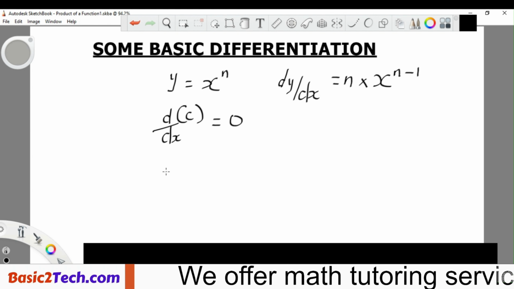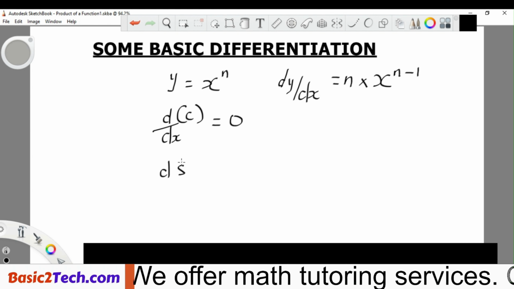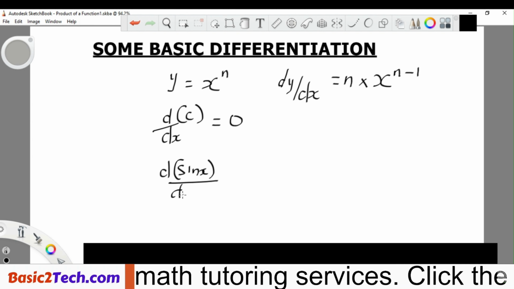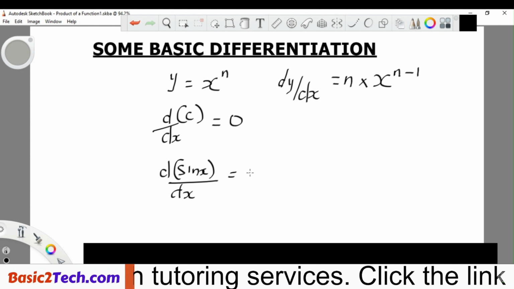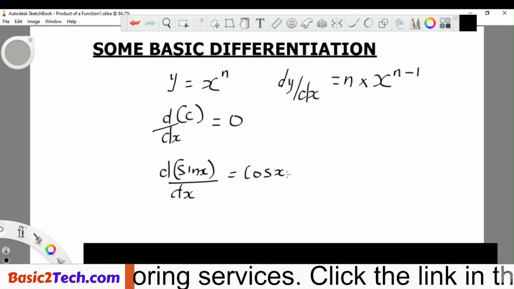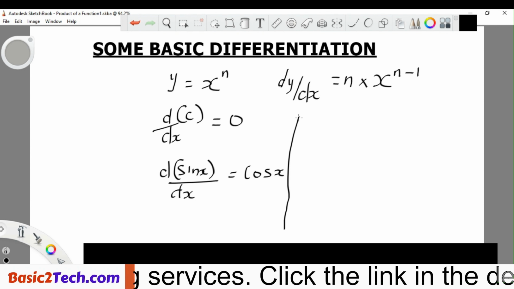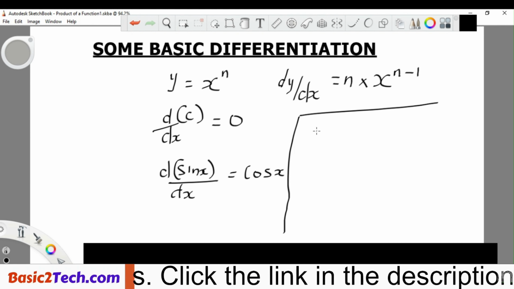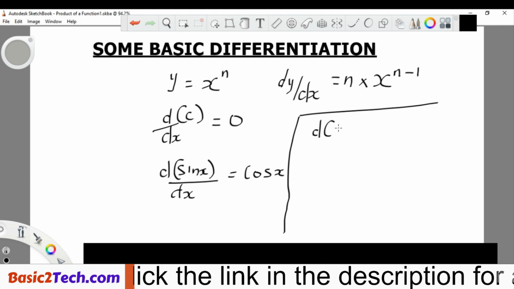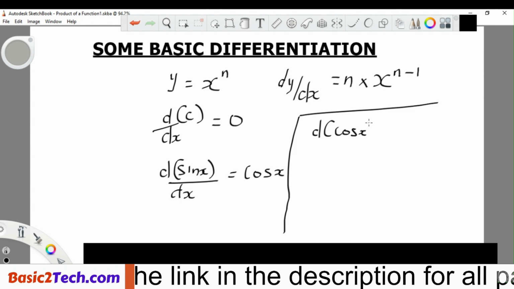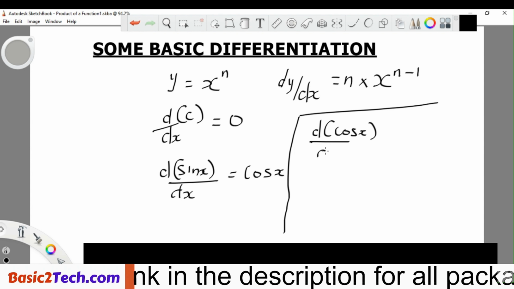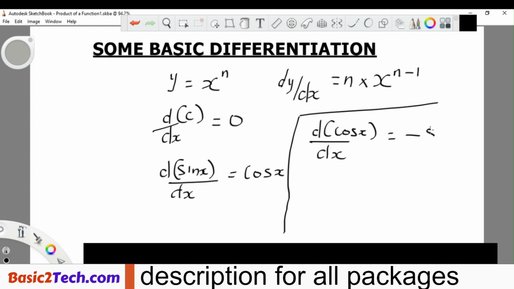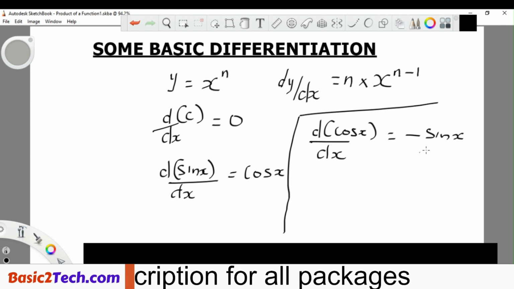When we differentiate sine x with respect to x, it gives us cos x. Again, when we differentiate cos x with respect to x, it gives us a negative sine x.